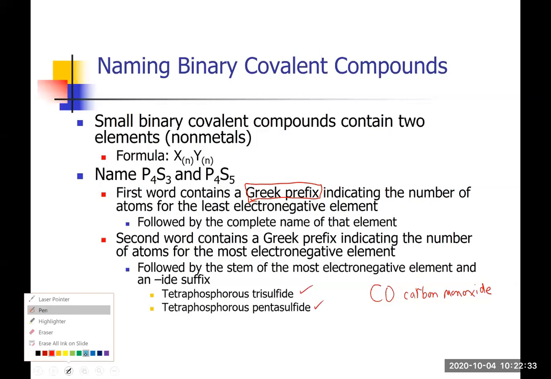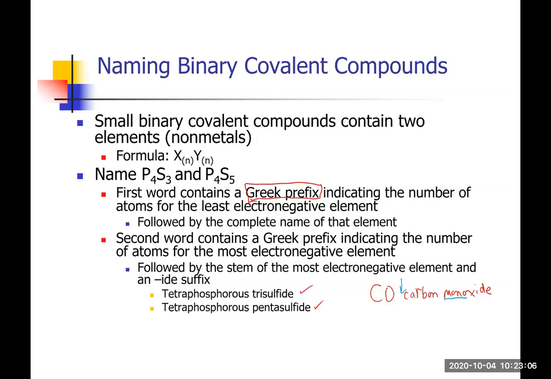We didn't say monocarbon monoxide. So when we have only one atom in the first position of the chemical formula, we don't use the prefix mono. But notice we have only one atom in the second position of this chemical formula, and we do use the prefix mono.